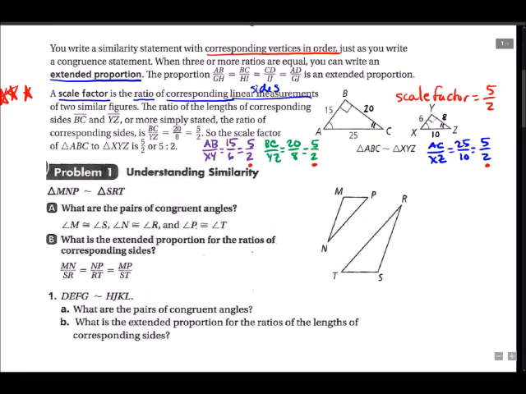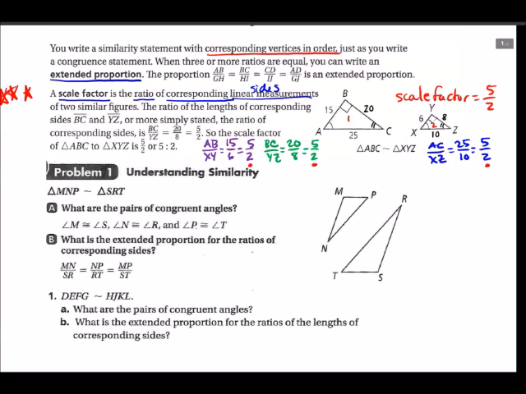Now I like to number my figures, figure 1, figure 2, figure A, figure B, whatever, so I can keep track of them. Because if you noticed, we always put figure 1 on top, figure 2 on the bottom. If we started out with figure 2 on the top, we'd have a ratio of 2 to 5 from figure 2 to figure 1.